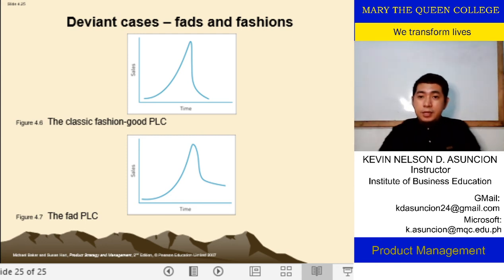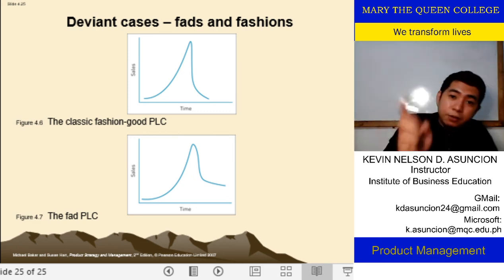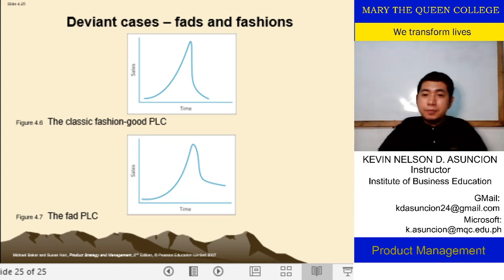So again, the main idea of what objectives a product manager should have is you try to stay relevant. It's survival of the fittest. The competition is tough. There's a concept of substitution and elimination. So pagpapalit ka, and also changes are happening each and every time. So that's the main goal of the product manager. So what will you do whenever things are getting matured and there's no growth?